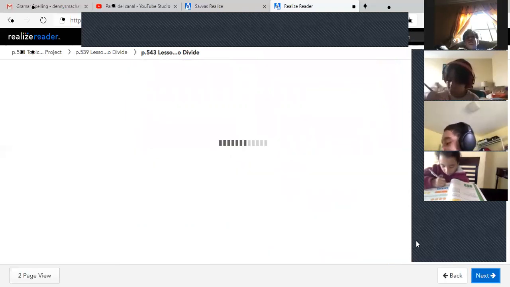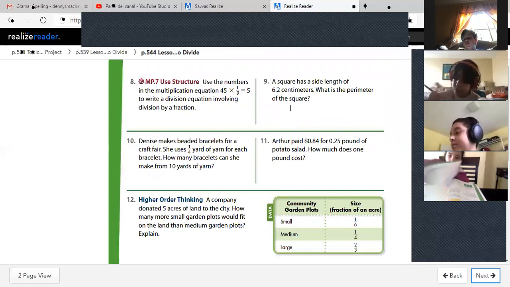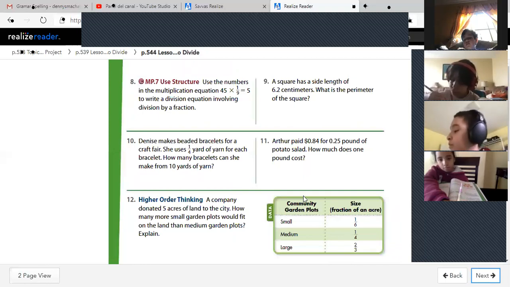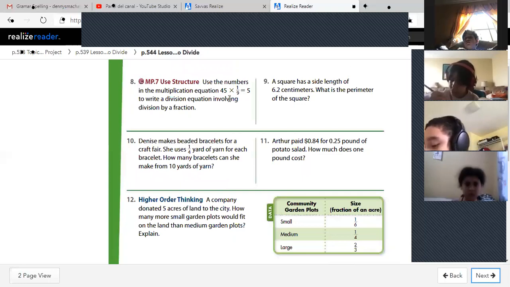Start solving all these problems. Remember, what do we have to use, guys? Models, right? We have to use models. So, start solving. Mister, I have the answer of number 1. Which is the answer? 5 divided by 1 over 9 equals 45.